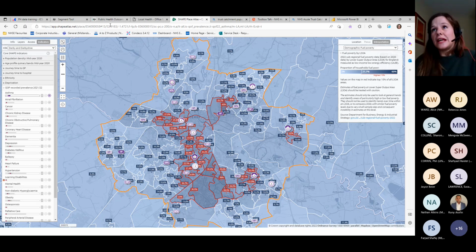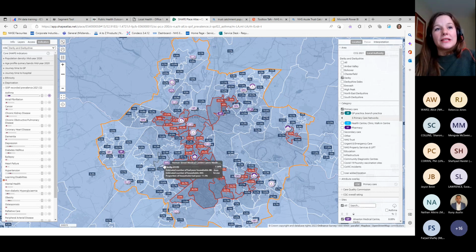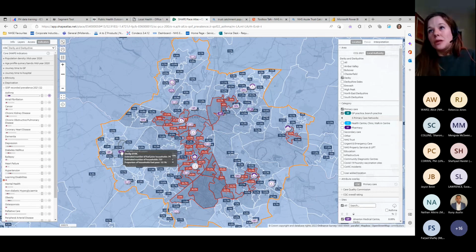So I can show the QOF data by choosing the primary care category here. This means I've now mapped my GPs where they are on the map, and the colour of those little tabs showing where the GP practices are tells us the prevalence of asthma within that GP practice.